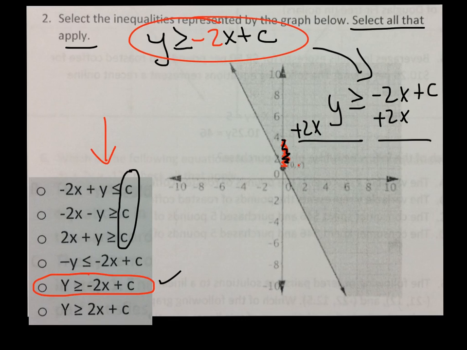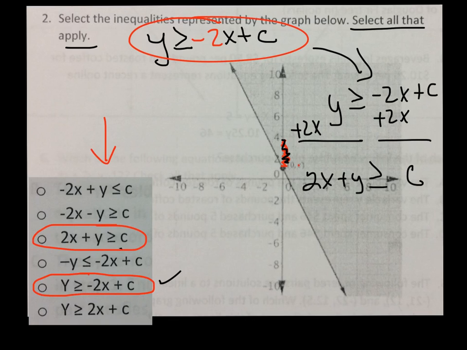And what I end up getting is 2x plus y is greater than or equal to C. And if you notice, that one looks just like one of our answers, which is 2x plus y is greater than or equal to C. And there's our other answer.